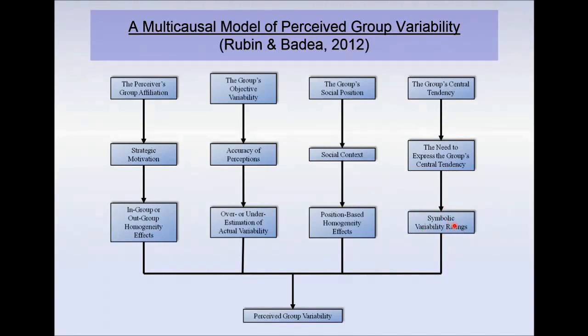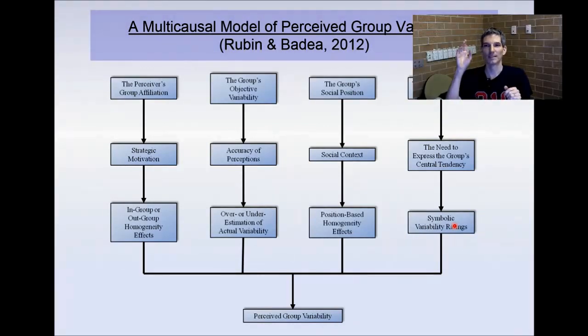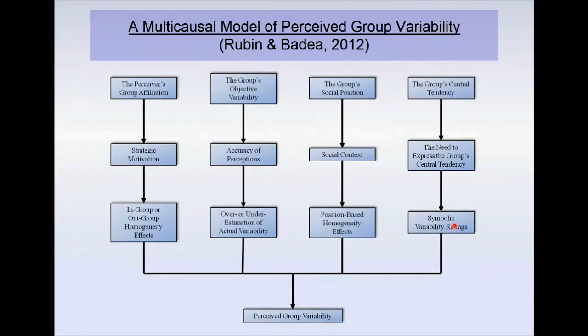If they aren't able to directly tell the researchers, look, this group possesses this trait and this group doesn't, if we don't give people the opportunity to express that through mean ratings or any kind of Likert scale, and we just present them with the variability ratings, then they might use the variability ratings to tell us which group possesses traits and which groups don't. I think that's the simplest way I can explain it.